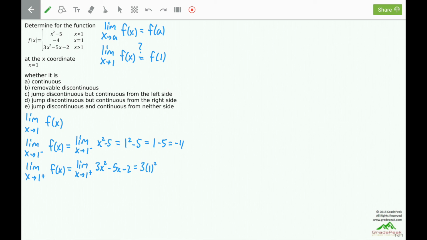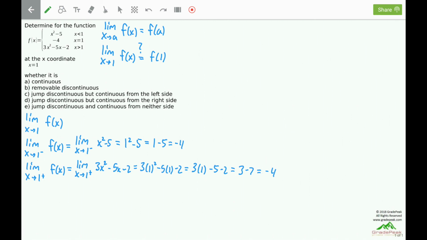That will give us 3 times 1 squared minus 5 times 1 minus 2. 1 squared is a 1, minus 5 times a 1 is a minus 5, and then minus 2. 3 times 1 is a 3, minus 5 minus 2 gives minus 7, and 3 minus 7 is negative 4.